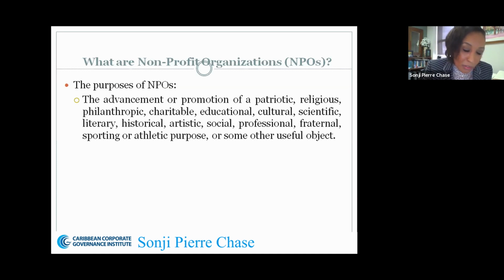The promotion or advancement of a patriotic, religious, philanthropic, charitable, educational, cultural, scientific, literary, historical, artistic, social, professional, fraternal, sporting, or athletic purpose or some other useful objectives. So in terms of the purpose for which that group, whether incorporated or unincorporated, can come together, very wide.